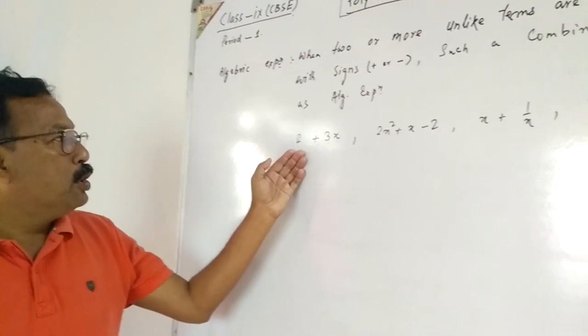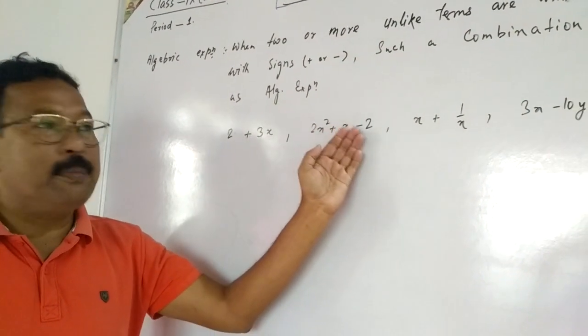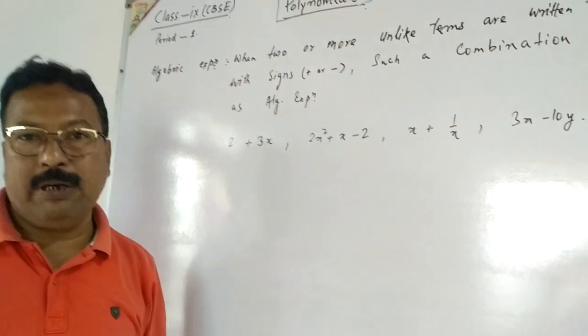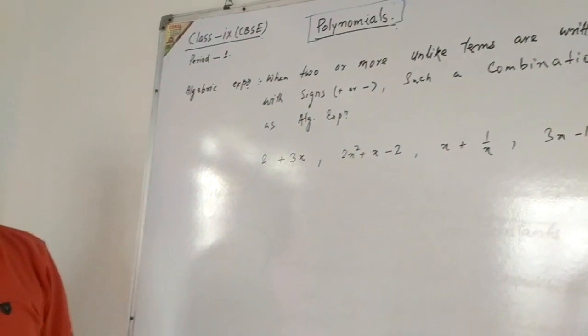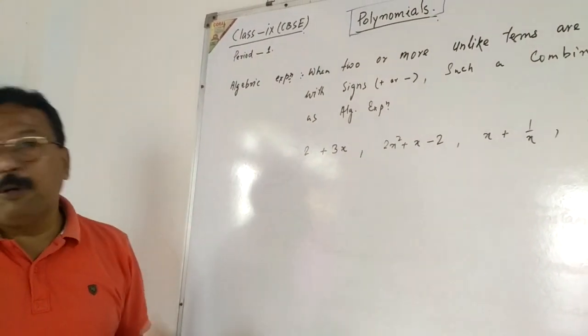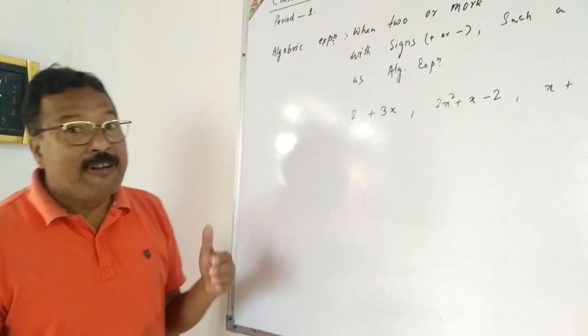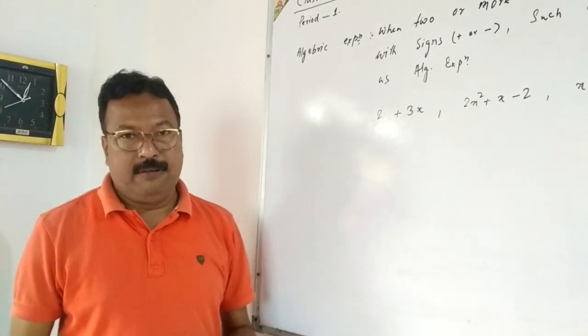Example, you can take 2 plus 3x, 2x square plus x minus 2, x plus 1 upon x, 3x minus 1. These are algebraic expressions. Now we are able to define polynomials. We will differentiate the polynomials and the concept of expression.